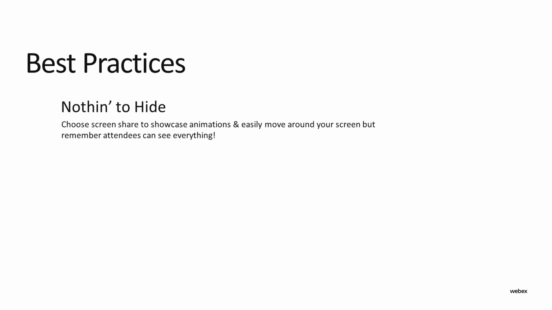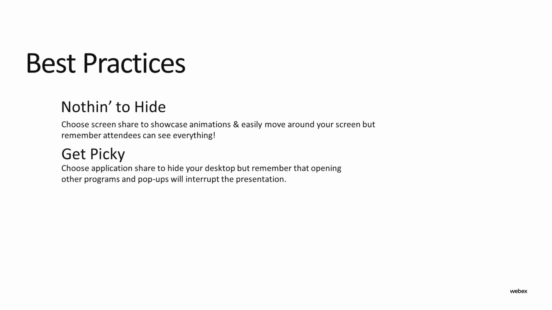Number 2, get picky. Choose PowerPoint as an application to keep other programs or pop-ups hidden from view. You get to select the program to show and nothing else. But watch out for those gray boxes. If you open other programs or have pop-ups, things could start to look ugly.